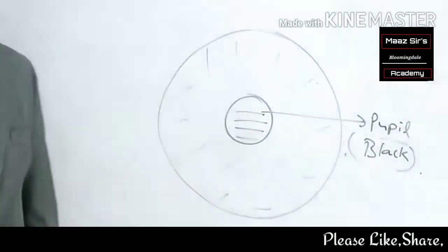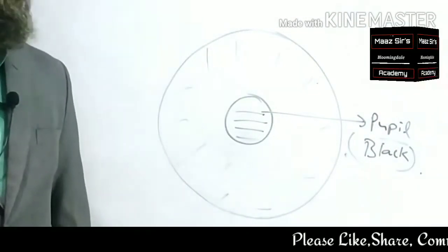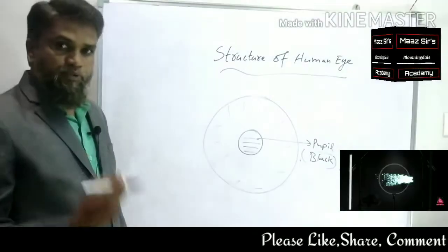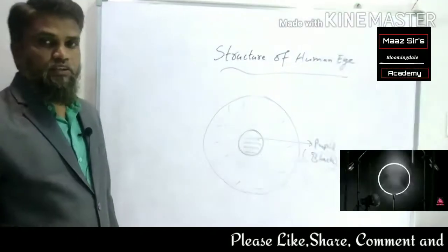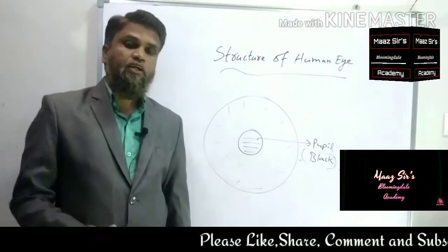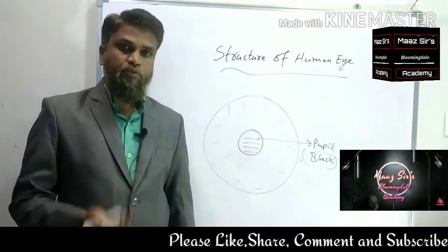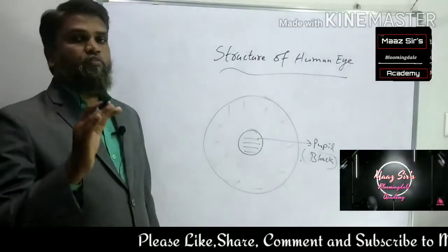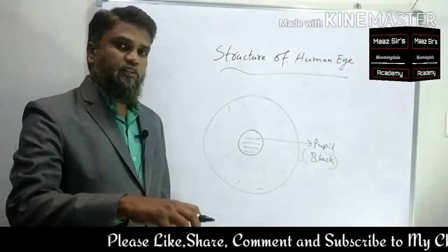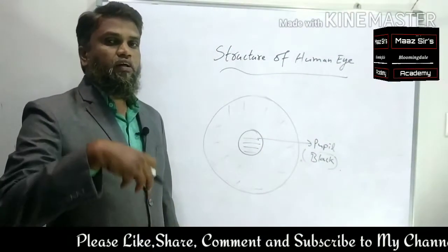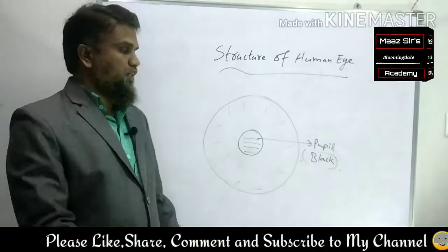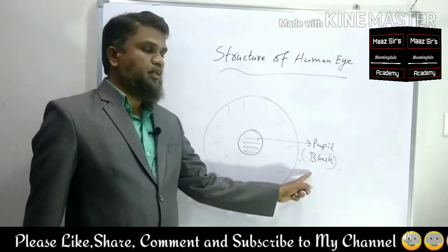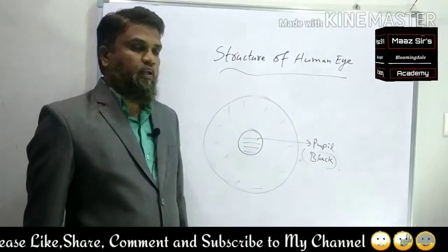Why is the pupil black? Because whenever the light enters the pupil, there is no chance of the light to escape from the pupil. So 99.5% of the light that enters the eye will not escape. That's why the pupil is black in color.